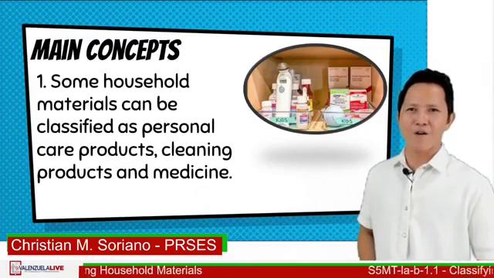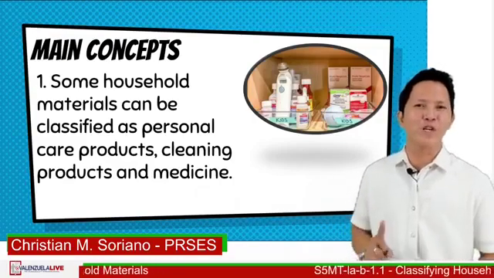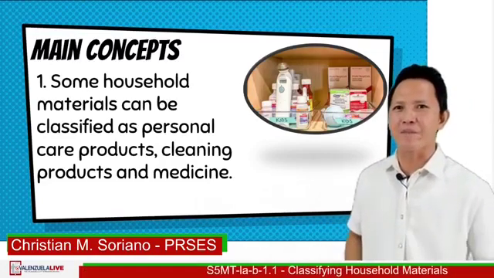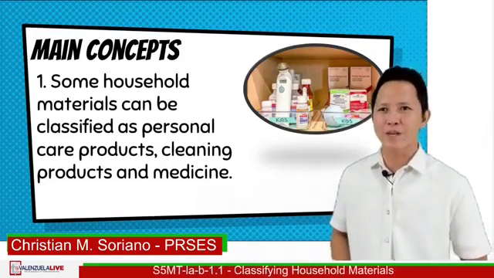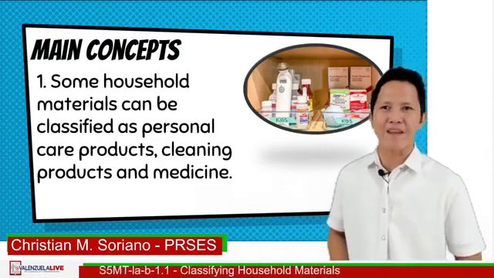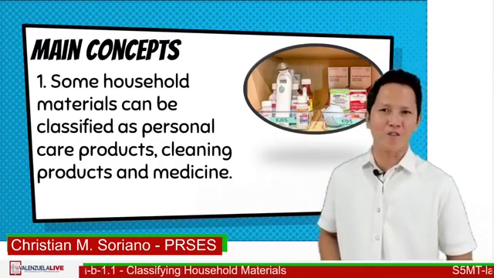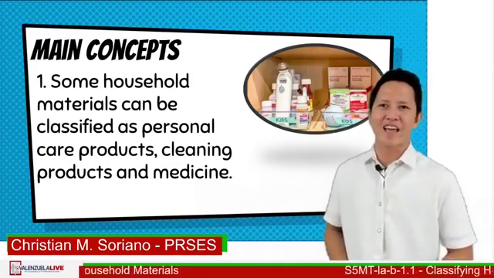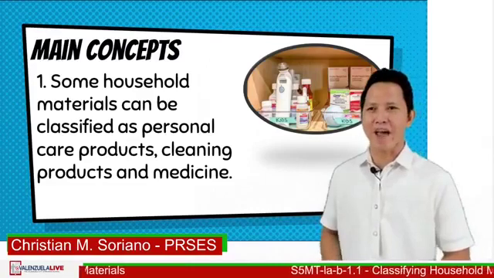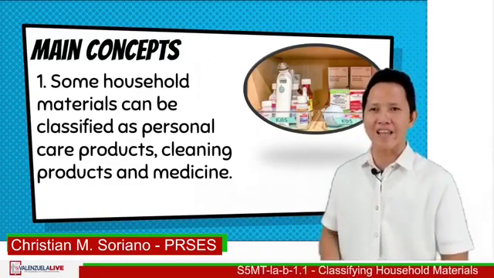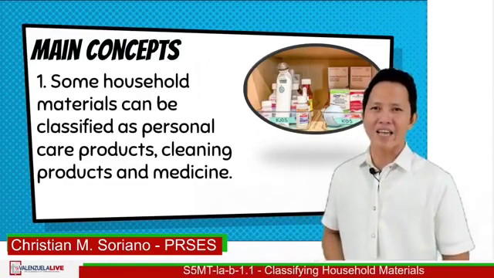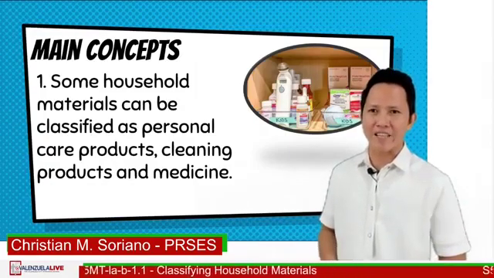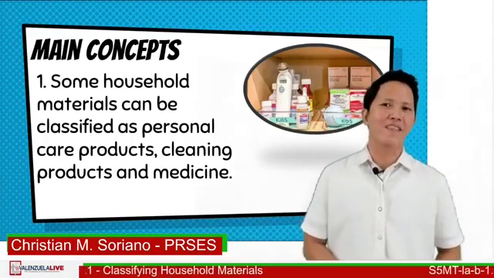Okay? Now, the very first concept that we should remember this morning is some household materials can be classified as personal care products, cleaning products, and medicine. Of course, if you visit the grocery store and the cashier or the bagger tries to put all the items in one bag, it is for you to classify those items once you arrive at home.